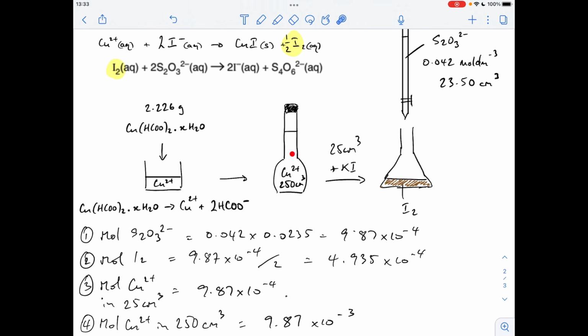So let's think about where these came from. They came from the dissolving of the hydrated salt, and we established at the very start of the question that the moles of Cu2+ are the same as the moles of the salt, so this is also the moles of the salt in the 2.226 grams.